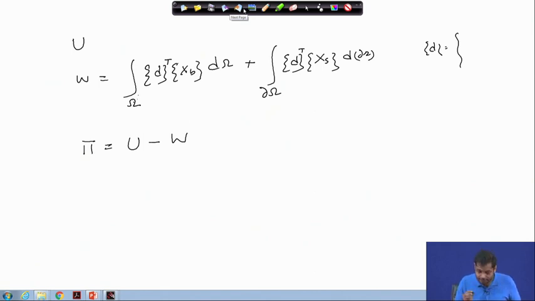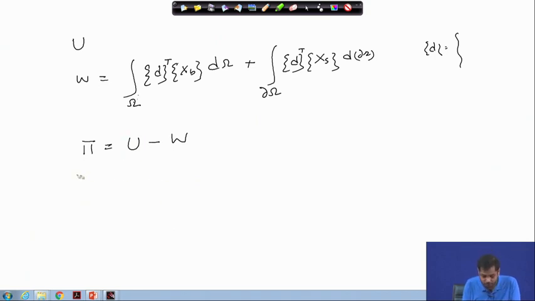Now, when we minimize this pi with respect to the displacement, from this term we get the stiffness matrix.